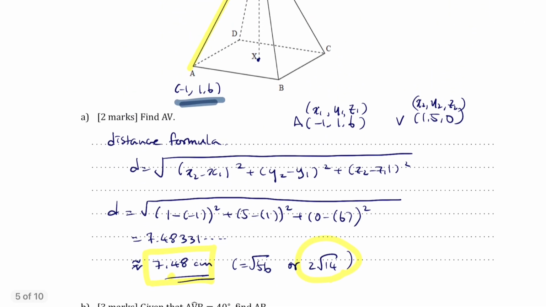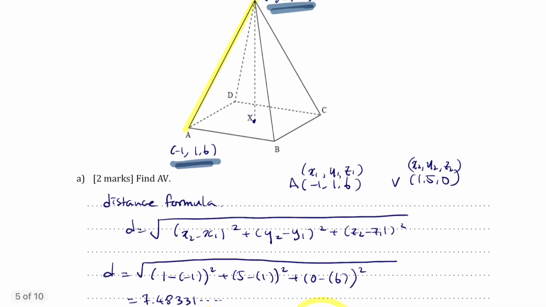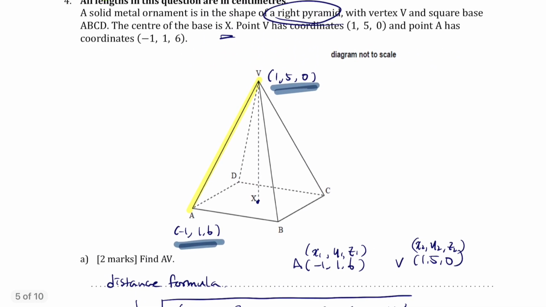Okay, so let's look at the diagram. So we know that angle AVB, which is this angle here, is 40 degrees, right? It's just one side.